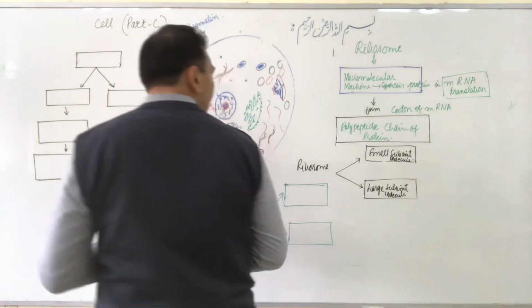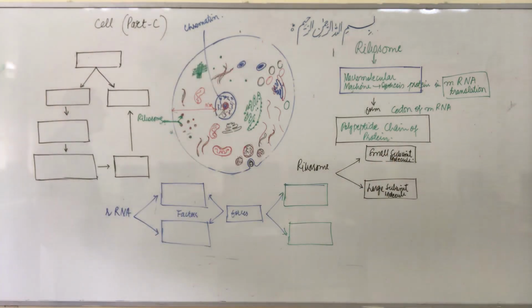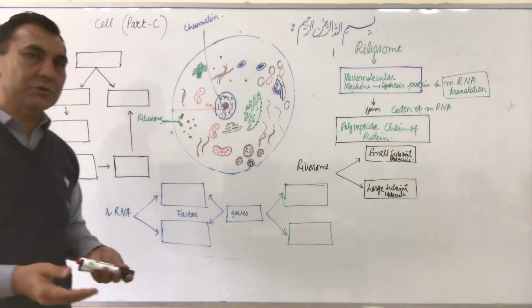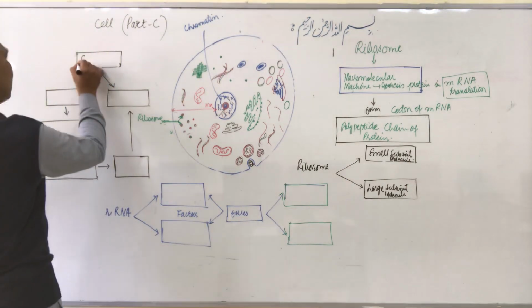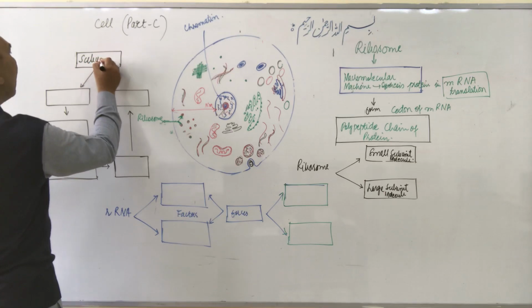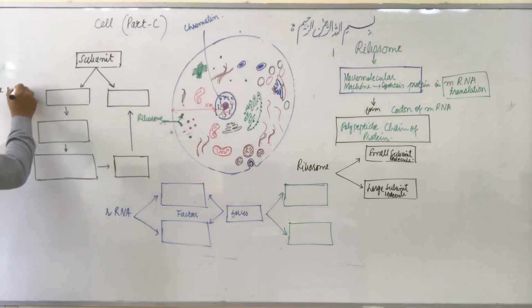These small and large subunits make up the structure and composition of the ribosome.